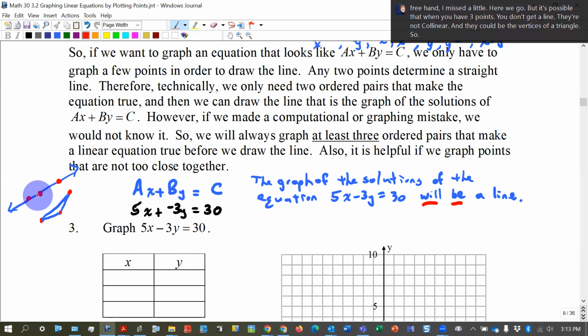So when you have 3 points, they might be collinear or they might not be collinear. But if you just have 2 points, of course they are collinear. Of course there's one line that goes through them.